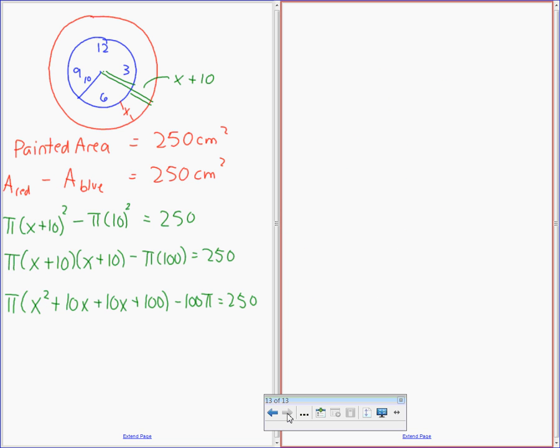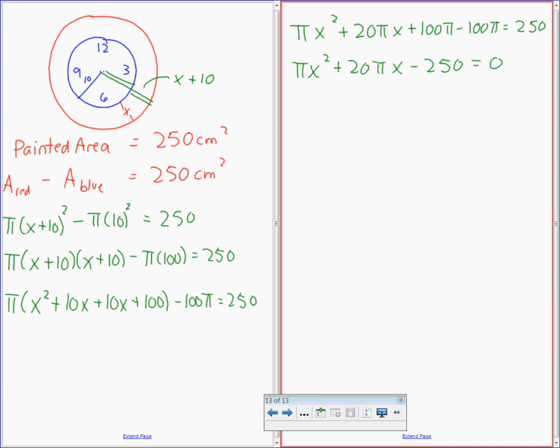I'm going to try and stay away from calling that 3.14 for as long as possible. So when I expand all that out, you get pi x squared plus 20 pi x plus 100 pi minus 100 pi equals 250. And simplifying, you get pi x squared plus 20 pi x minus 250 equals 0.